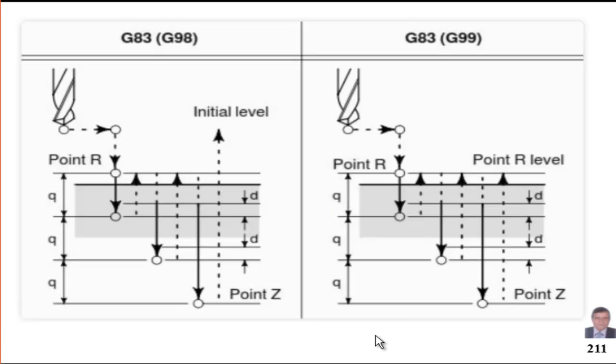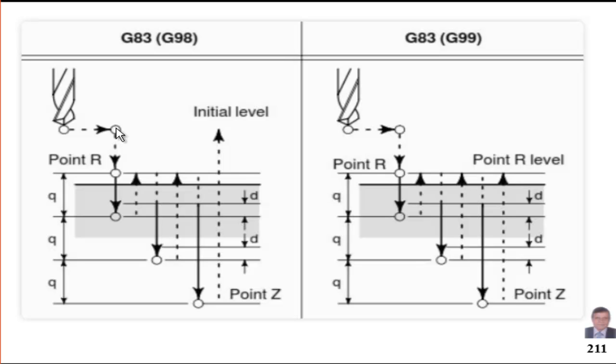This is if we use G98, and this is if we use G99. The only difference is G98 will retract the tool to the initial level or the safe level, and G99 to the R level. This is the R level, just above the surface of the workpiece. And this is a sketch indicating how the pecking cycle is done.